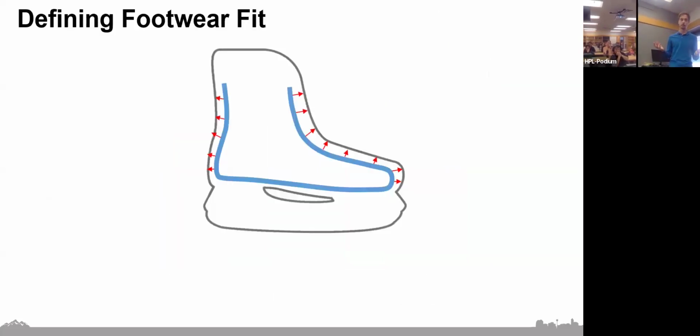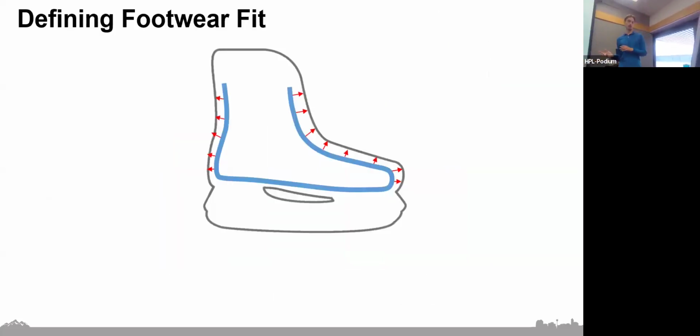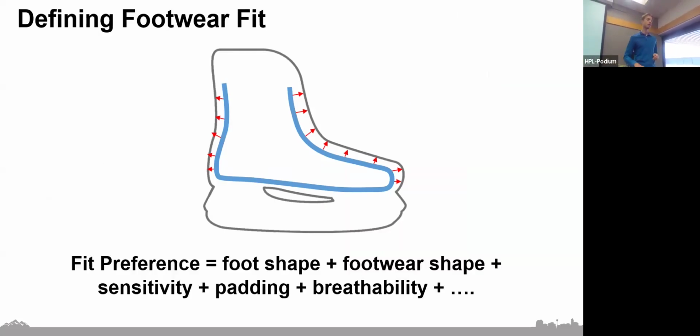That all said, footwear fit preference is complicated, and different studies have shown that it can be a combination of a number of factors, including foot and footwear shape, but also sensitivity at different regions of the foot, padding on the inside of the shoe, breathability of the shoe material, and all that. So I acknowledge the limitations in only focusing on 2 of these factors in this project.